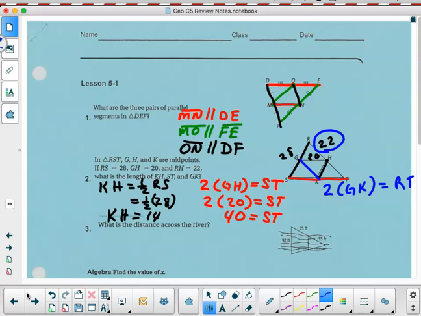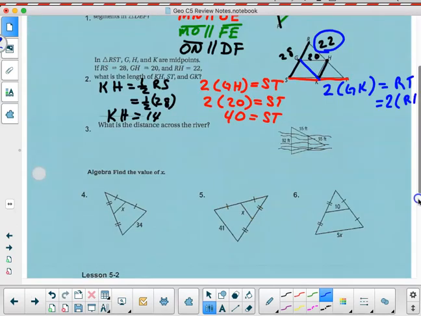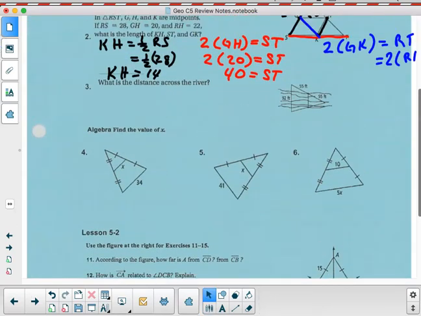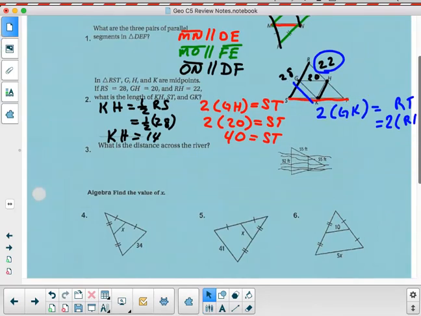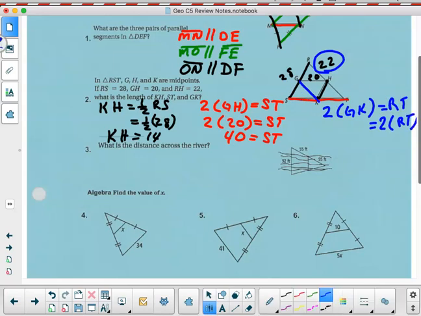I can think about this a couple of ways. 2 times RH is RT, because remember, this is also 22. Or I could just look at this as GK is 22, because RH goes in and we've got that covered.